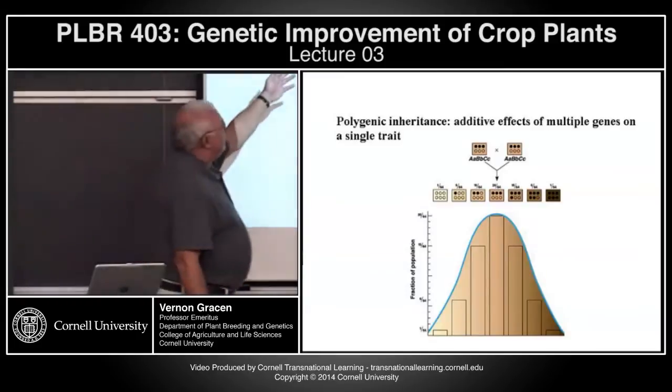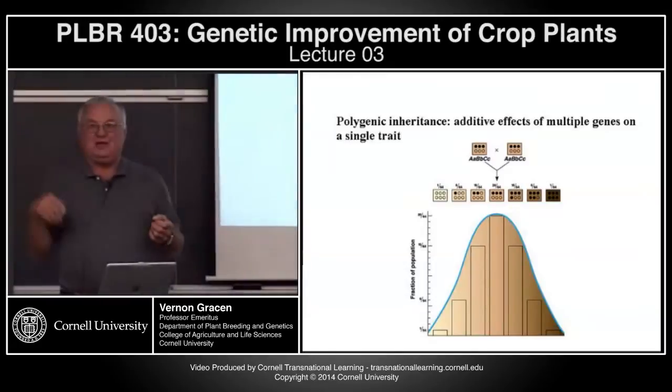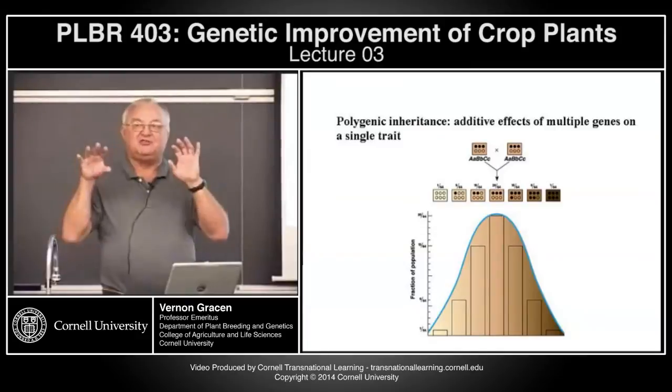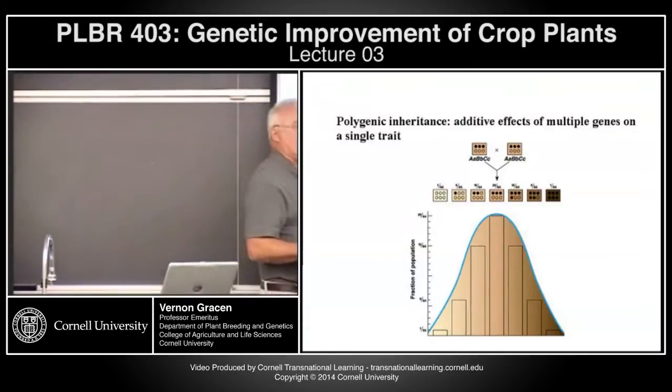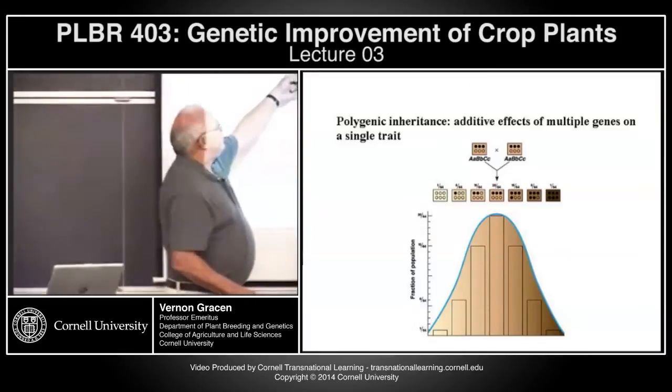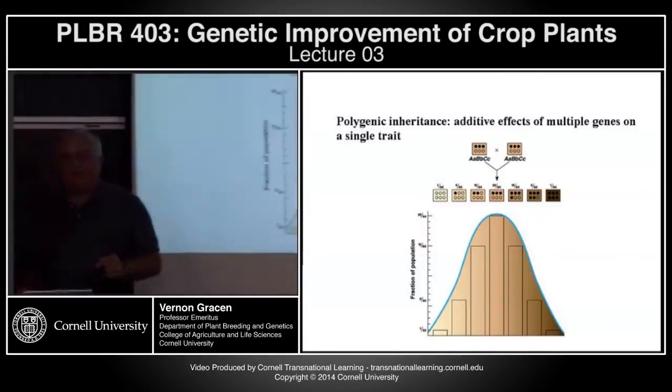Well, this is if you get 3 genes segregating. We talked about that dihybrid ratio being 9:3:3:1. That's phenotypically. If you look genotypically, it would be 1:3:6:3:1. Well, by the time you get to 3 genes, it's 1:6:15:20:15:6:1.